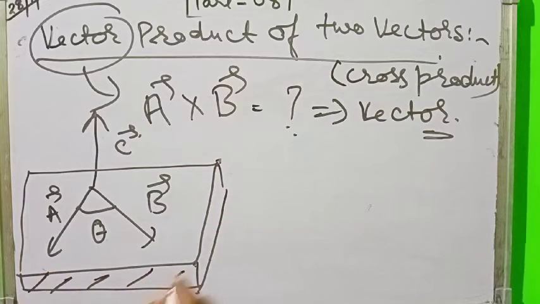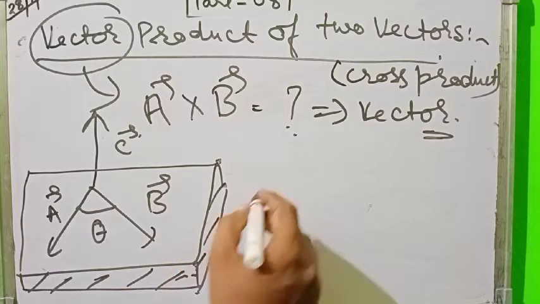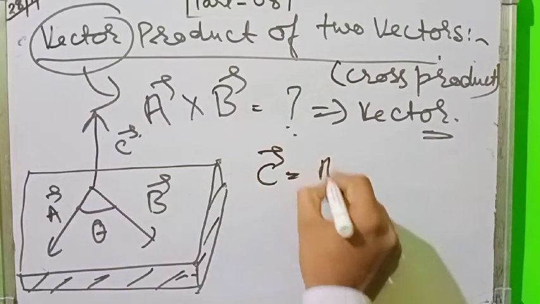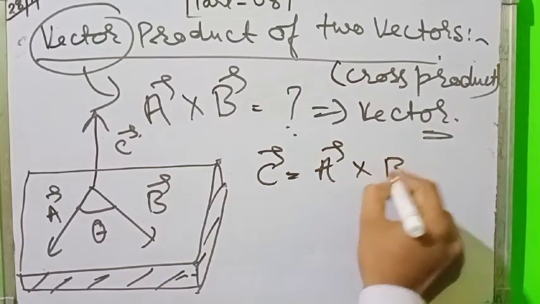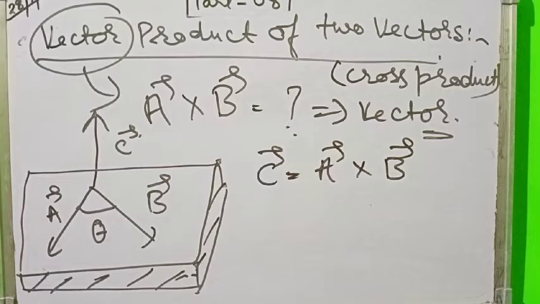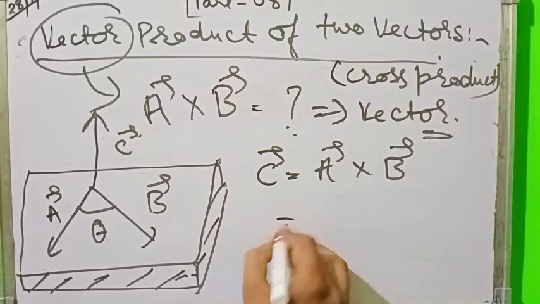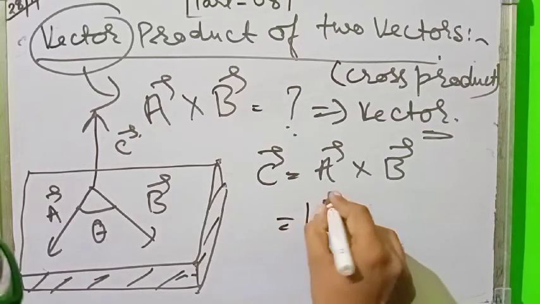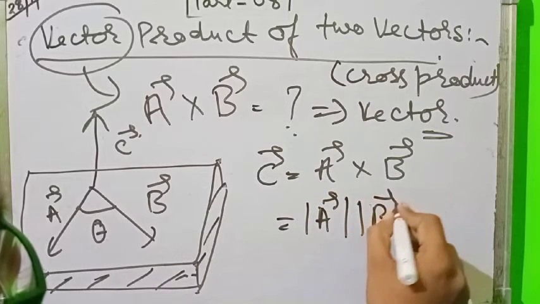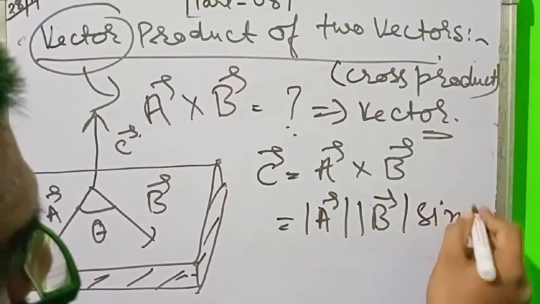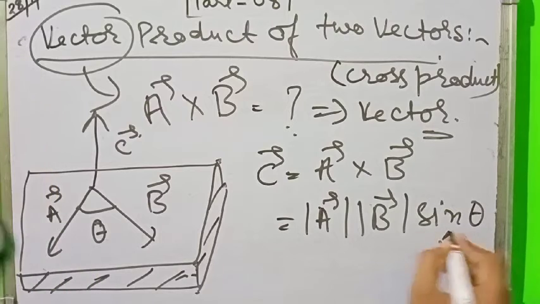So vector C can be written as vector A cross vector B, and it can be written as magnitude of vector A into magnitude of vector B into sin theta into n cap.